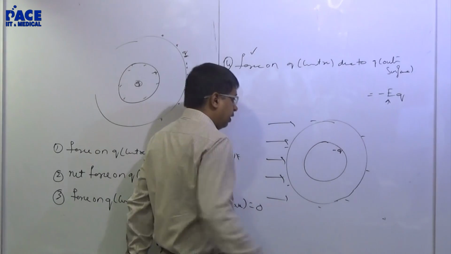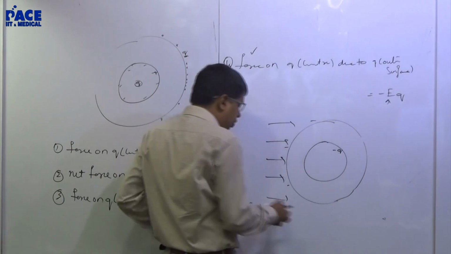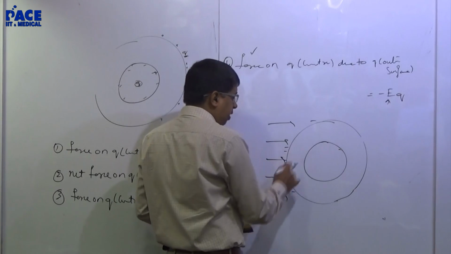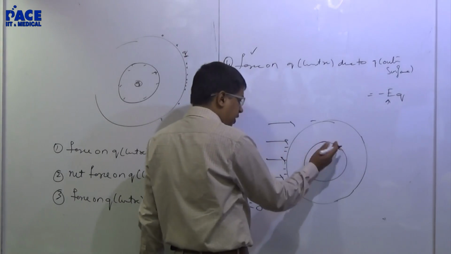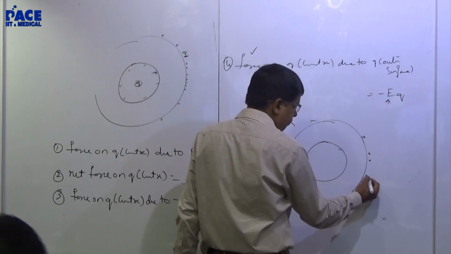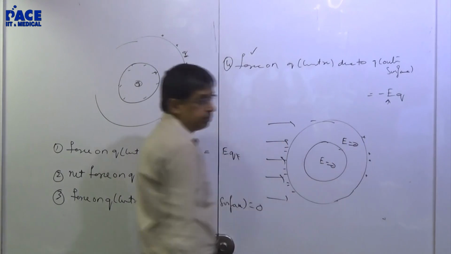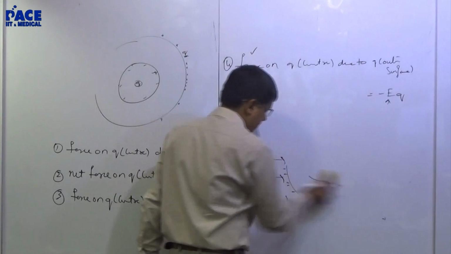Then now that the field is introduced, the negative charge will redistribute itself this way. The negative charge will redistribute this way, and from the sphere there will be some more negative coming here, some more positive going here, so that the field everywhere inside is zero.